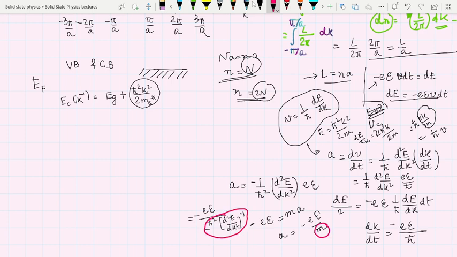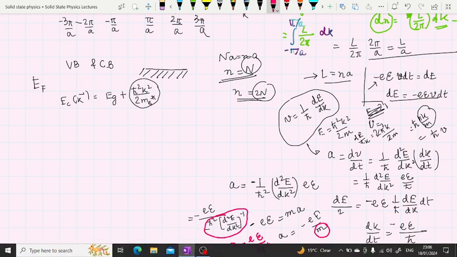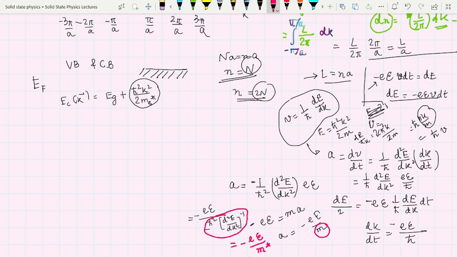This is the mass of the electron for the case of moving inside the crystal. So from the free electron analogy, we can get this value of the mass of the electron when the electron is confined within the crystal.